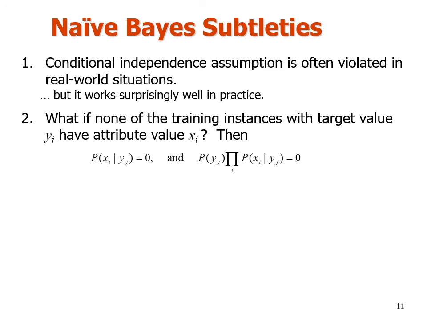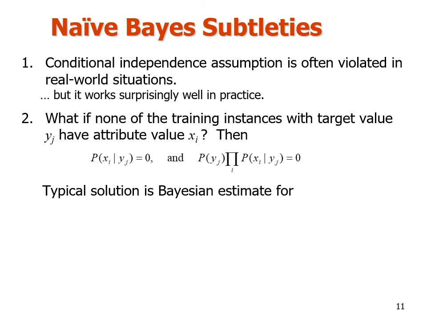This implies that probability of outlook equal to overcast given no is equal to 0, and hence probability of no given today becomes 0.